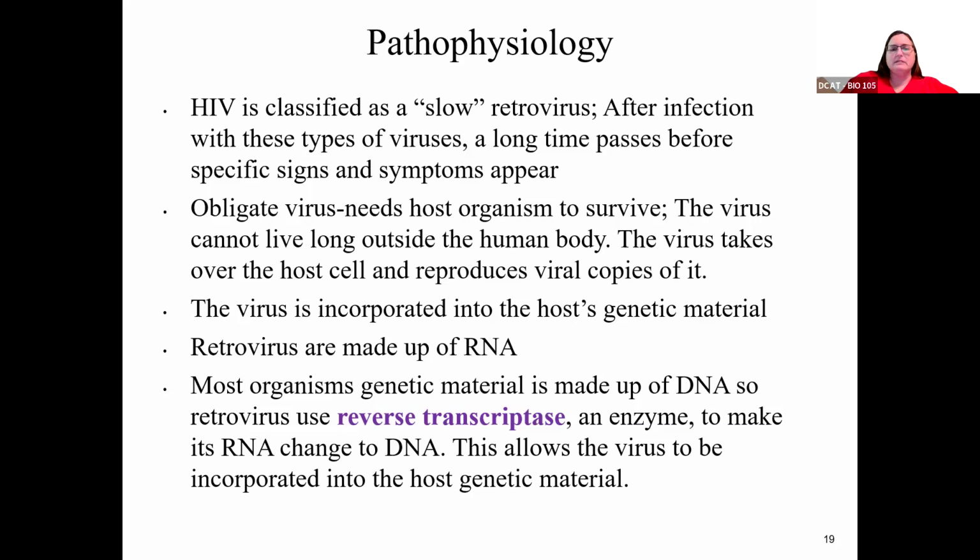The virus has to be incorporated into the host genetic cell material in order to reproduce its own cells. Retroviruses are made up of RNA. This is important because when we talk about how the HIV virus enters the cell and takes over the cell, you're going to realize how extremely smart the HIV virus is.